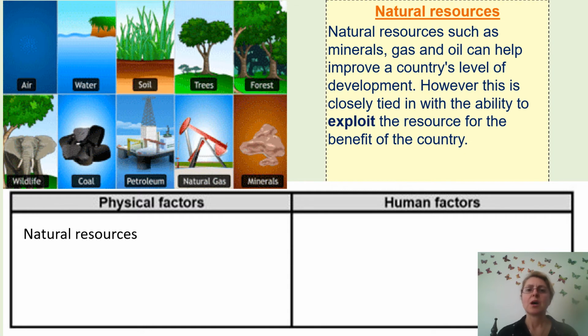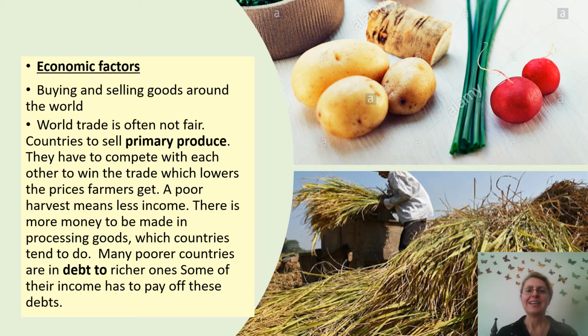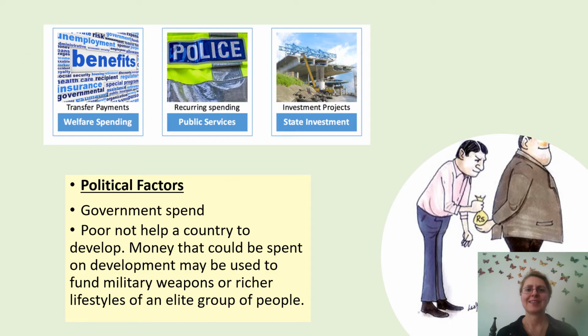Press pause after each slide, read the information and place it into the correct side of the table. Economic factors. Primary produce means goods that come from the farm, fruit, vegetables, cereals. Debt is when you owe someone money. Press pause now and read the slide and decide which side of the table it will go on.